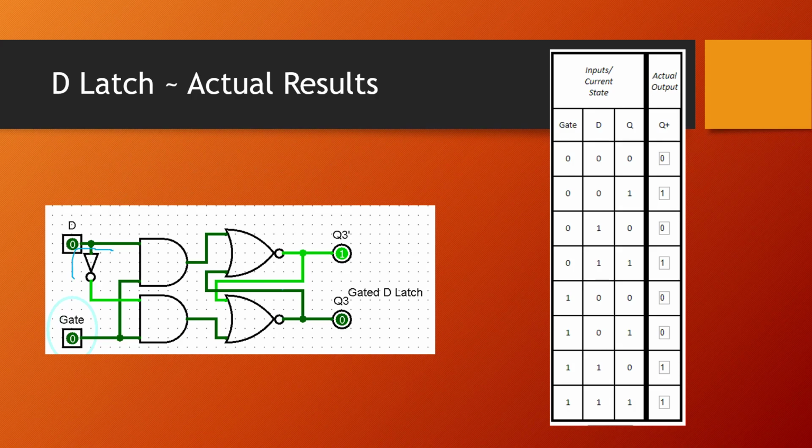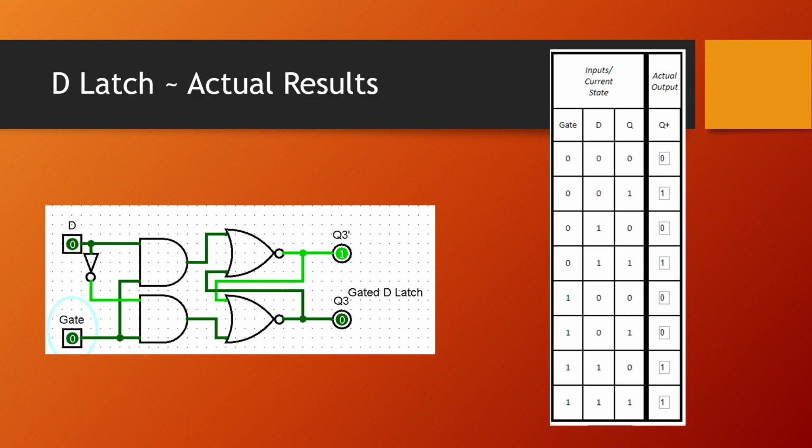A D-latch is made using a NOT gate, two AND gates, and a NOR latch. Our gate, which is here at the bottom, is attached to both of our ANDs, and what the gate does is allow our data to pass through.